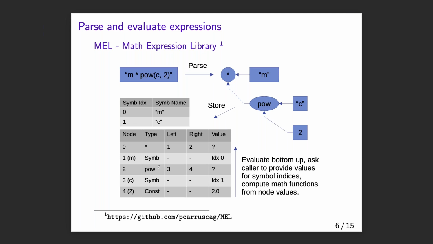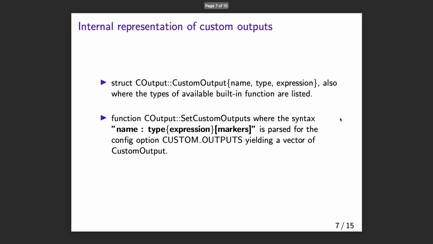And if you get to a math function type of node, you know what the children of this node are. So for example, here this power has a left child 3 and a right child 4, and so the implementation of the library knows that it should take whatever value it got for 3 and raise it to whatever value it has on node 4. So that's how that bit works.